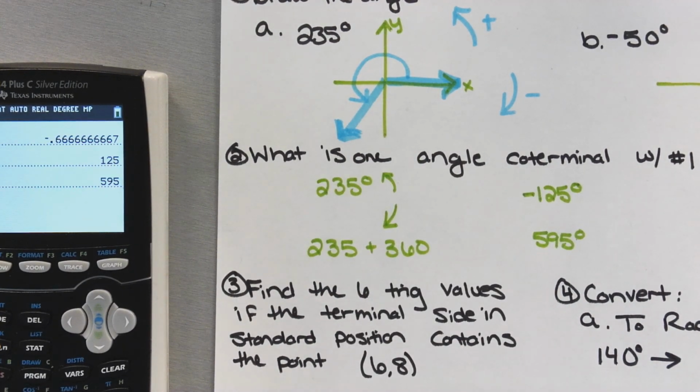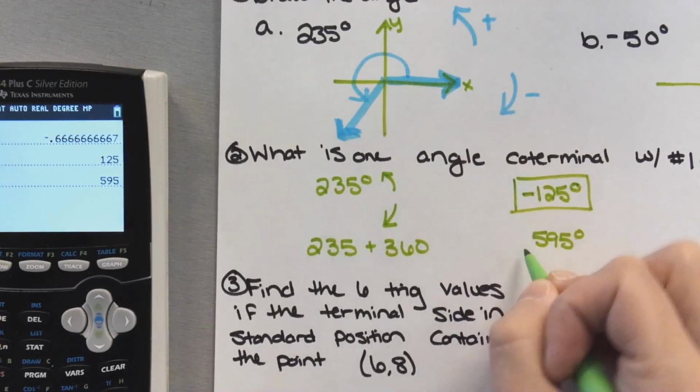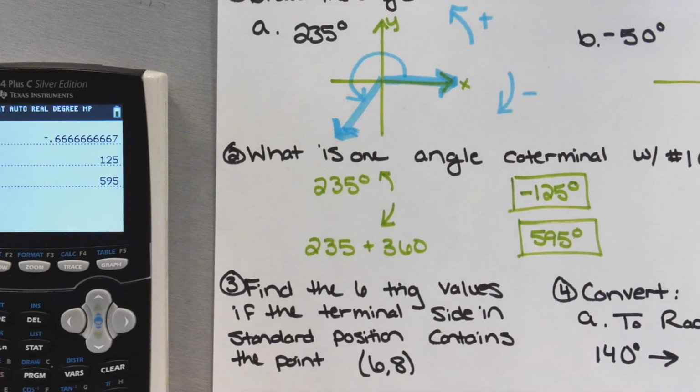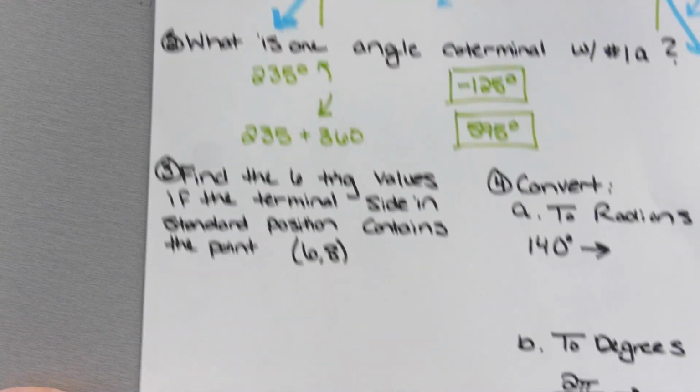So 595 would be if you went around once and went to the location. 125 would be going the other direction. That's why we make it negative. So either of these would be good. If it asks for 2, then I would need both of them. So make sure you read your question carefully and see what it's asking you to do. Good? And remember, sometimes they specifically say give a negative and a positive. So I'd be prepared for that.